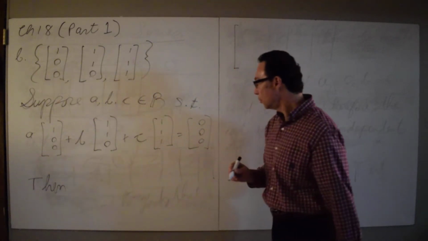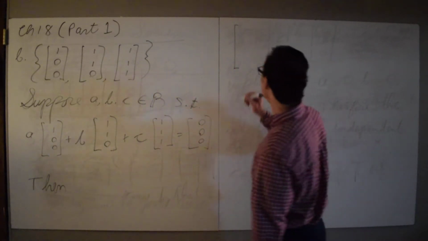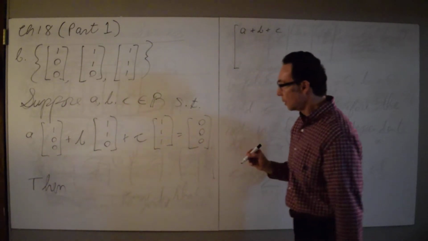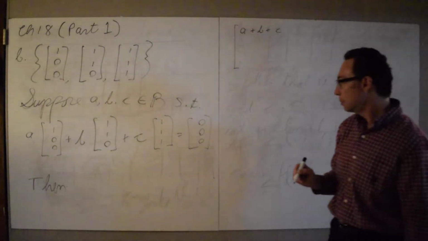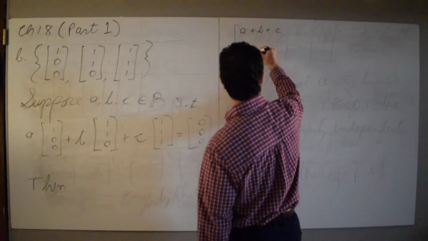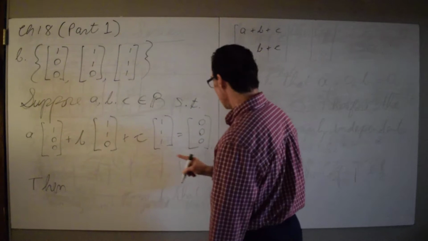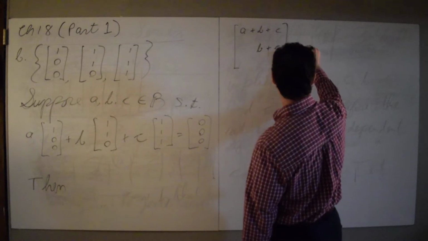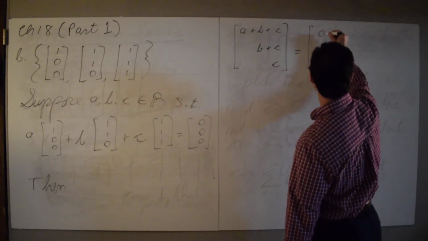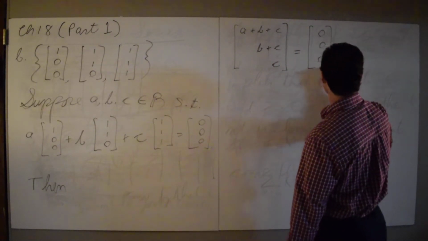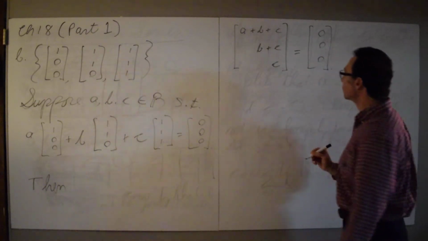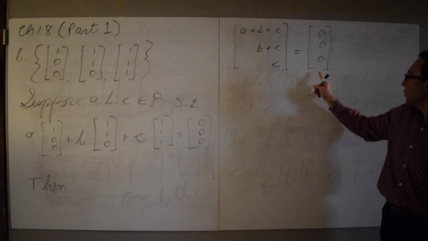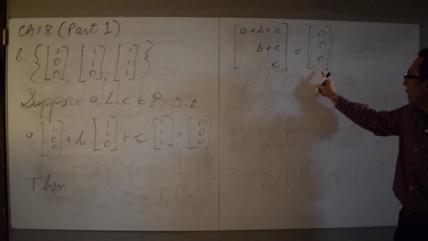We get a vector whose first component is A plus B plus C. The second component is B plus C, and the third component is C. And now when we look at this, we can first of all see that C is 0.